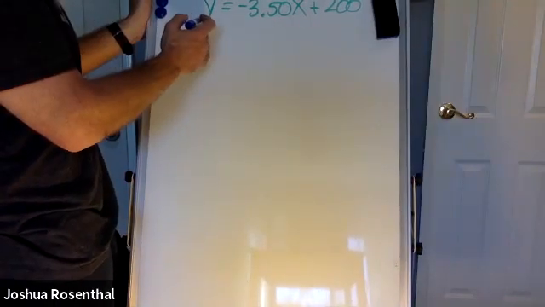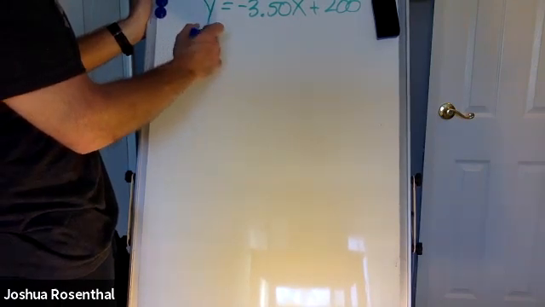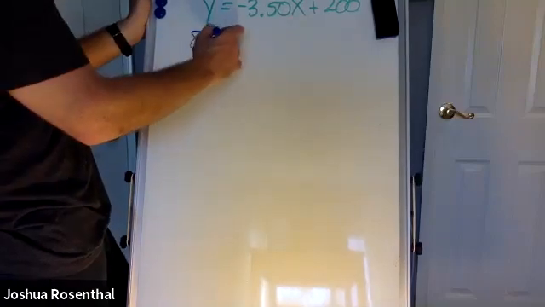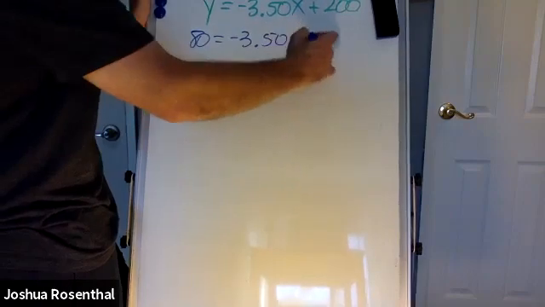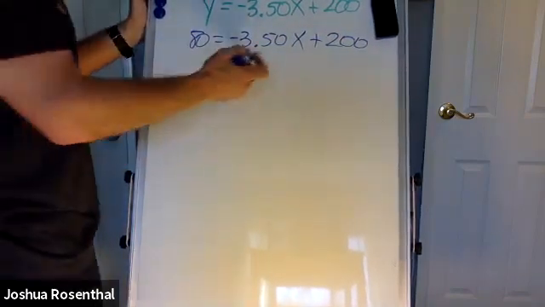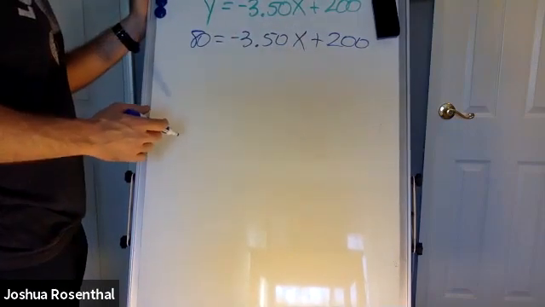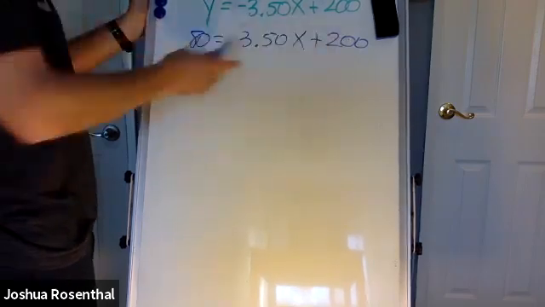Y represents the balance, so $80 is left. How do you get $80 left when you start with 200?